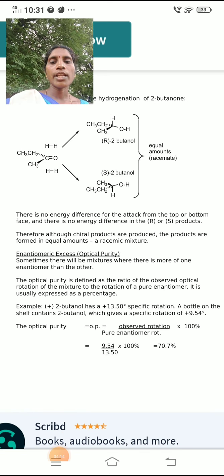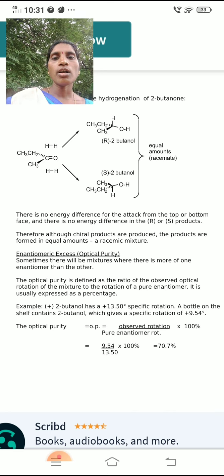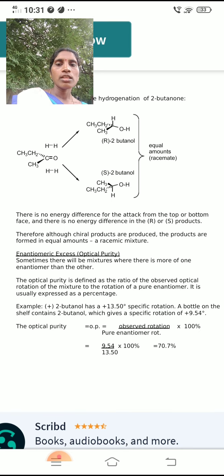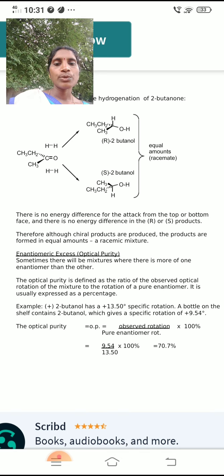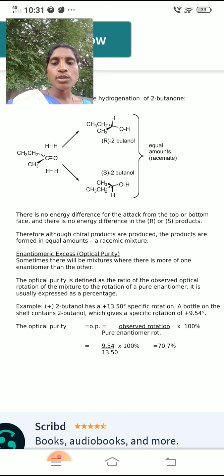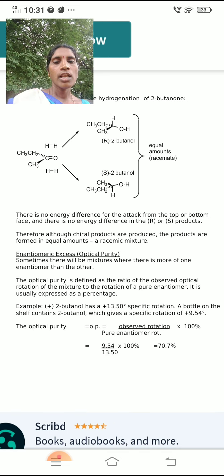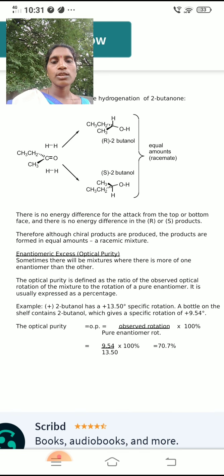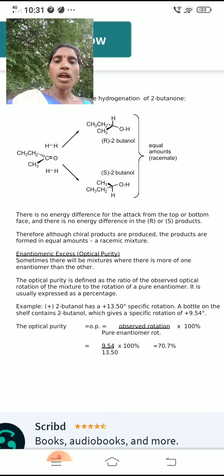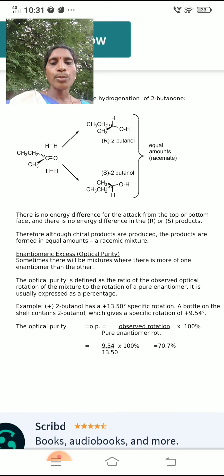Next, the enantiomeric excess, also known as optical purity. Sometimes there will be mixtures where there is more of one enantiomer than the other, called enantiomeric excess. In this, one enantiomer is major and the other is formed as a minor product.